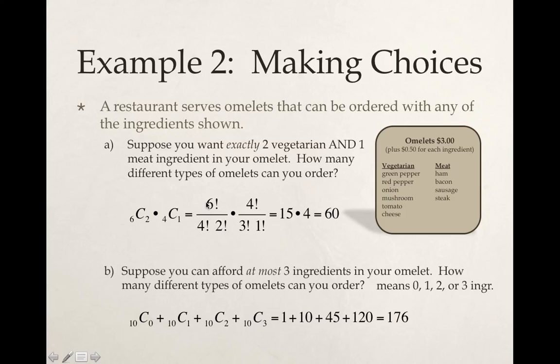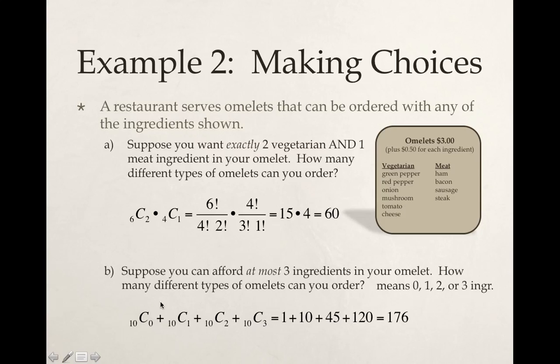Okay, so we have these 2 different situations going on here, where in one case we multiplied our combinations, and in another case we added them. And really, I think the way to determine which one to do is whether you're talking about 2 things happening within the same situation, so like 2 choices within the same omelet, or if you're talking about separate different omelets.